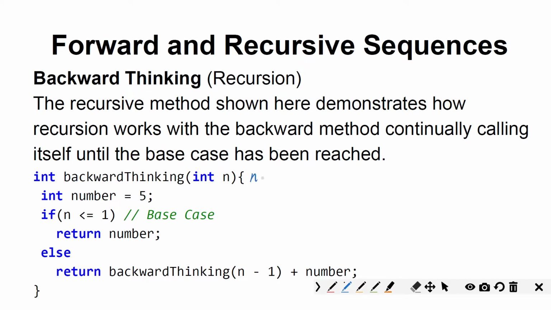For example, we have n equals 3. I don't take huge numbers because it's easier to explain. And here is the base case. If n is less than or equal to 1, you return the number, like we're returning 5. The base case happens when n is less than or equal to 1. And how do we approach or converge to this base case? You need to call the function itself here.